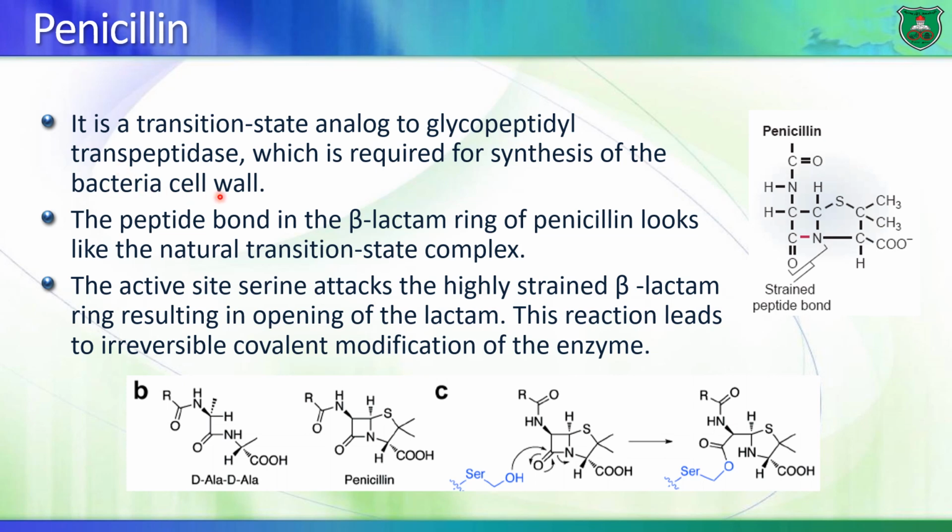So the transpeptidase would bind to penicillin thinking that it is the substrate. It starts the reaction thinking again that it is the right substrate, but then it gets stuck. It cannot move forward. So the reaction stops and bacteria die as a result of that.